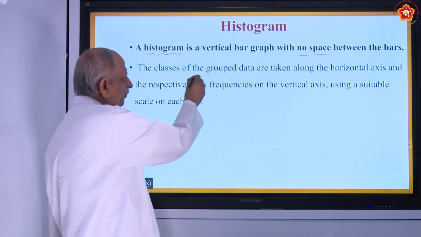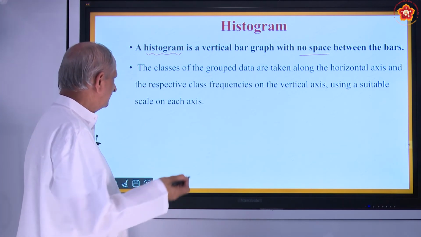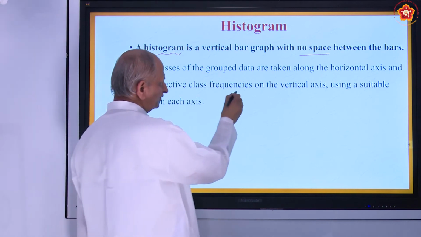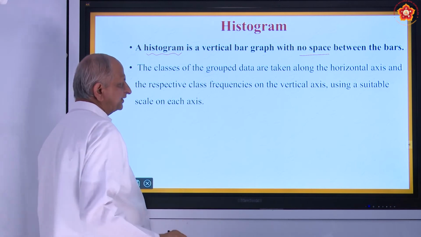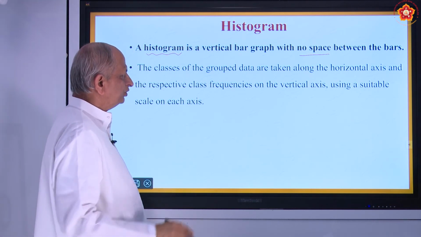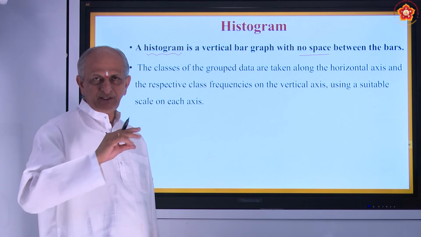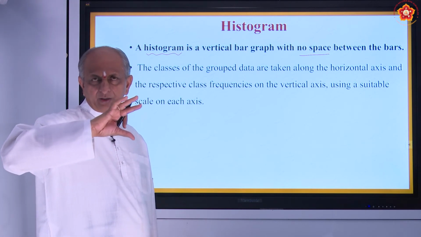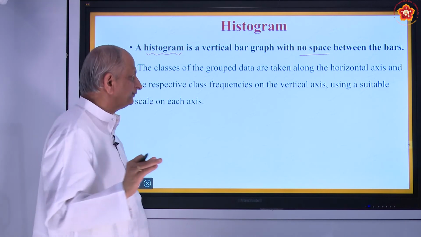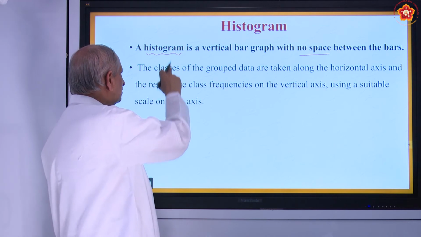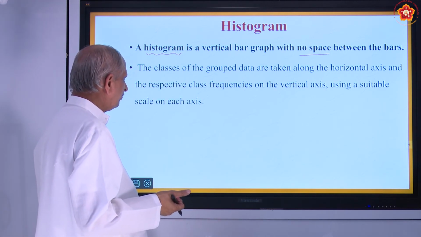The classes of the group data are taken along the horizontal axis, namely the x-axis, and the respective class frequencies on the vertical axis, using a suitable scale on each axis. So as we have done earlier, but the only change here is that the rectangles will now be attached to each other. Secondly, you should write the corresponding details on the x-axis and y-axis.